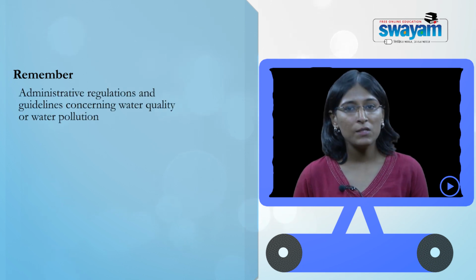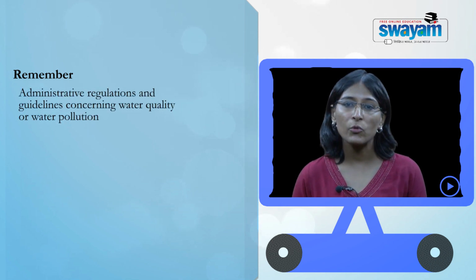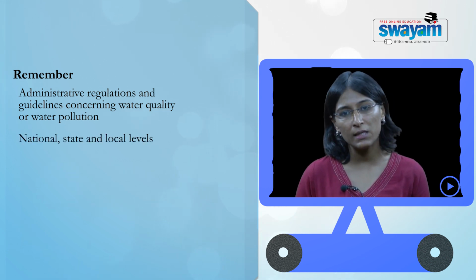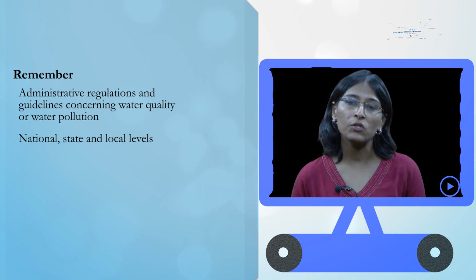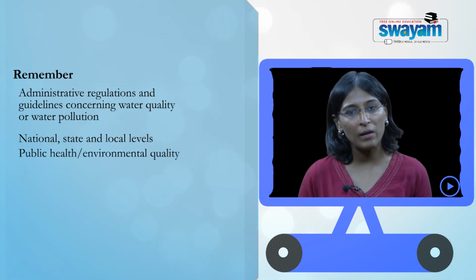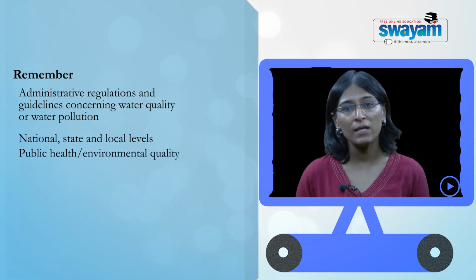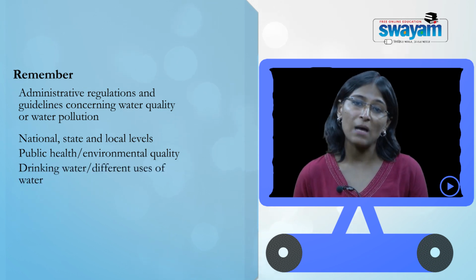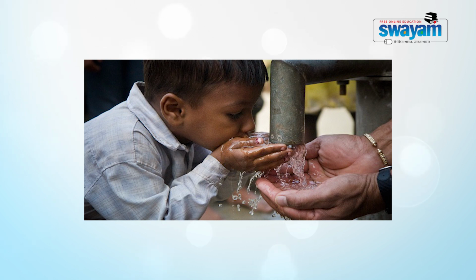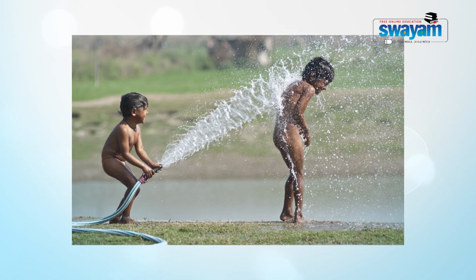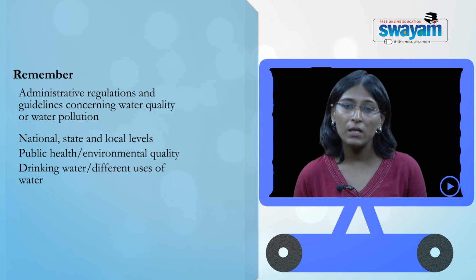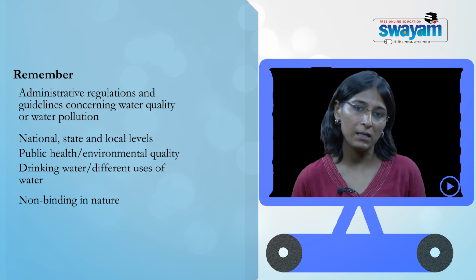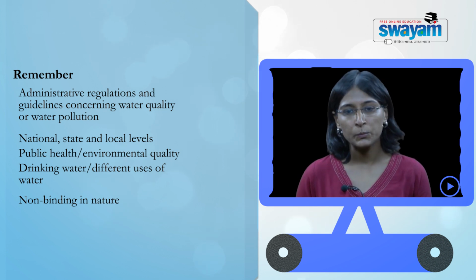So we have administrative regulations, policies, programs, schemes, plans, etc. at the national level, the state level, and the local level, which may deal with public health or environmental quality, both of which highlight water quality issues. They may deal with uses of water, for example, water for drinking supply, for irrigation, for bathing, etc. But the problem with these administrative regulations, guidelines, policies, etc. is that they are non-binding in nature, unlike laws.